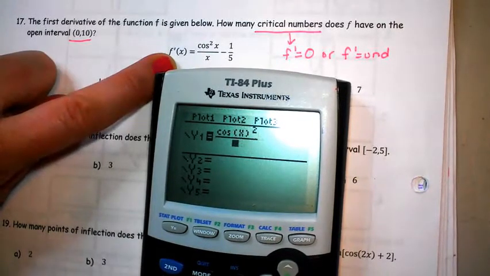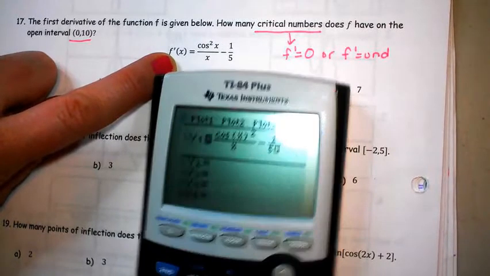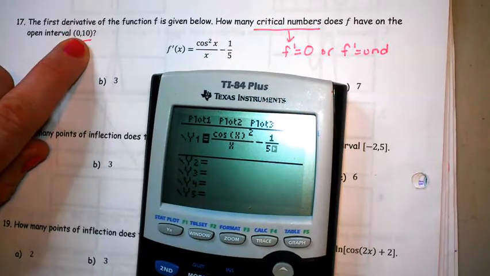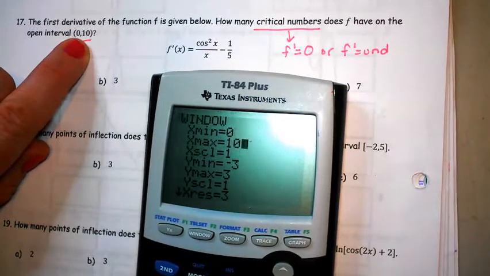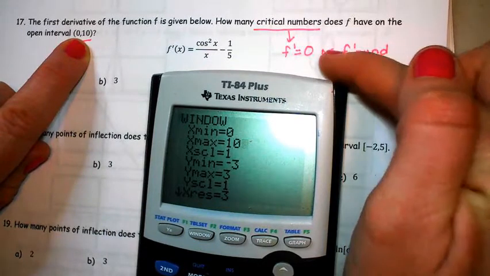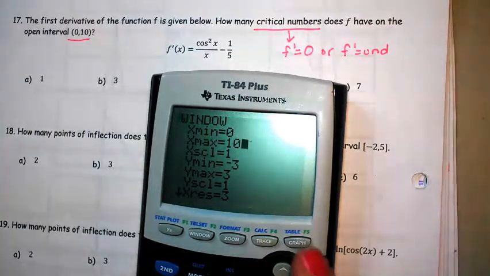On the bottom, it's just X minus 1/5, and I like to grab the fraction bar, though it's not necessary. Now before I hit graph, you always change your window, and this window is supposed to be going from 0 to 10. I'm looking for how many critical numbers, so I'm really looking for when this derivative is 0 or undefined. Let's take a look.